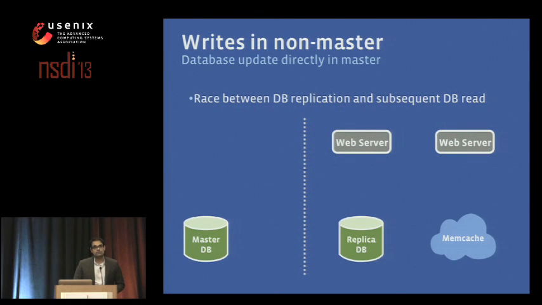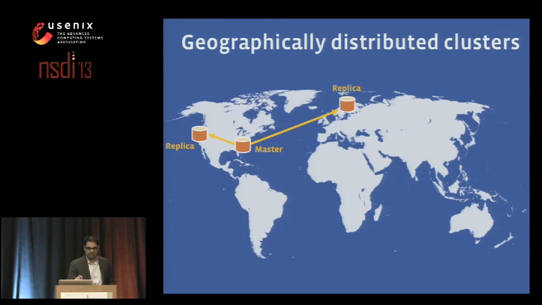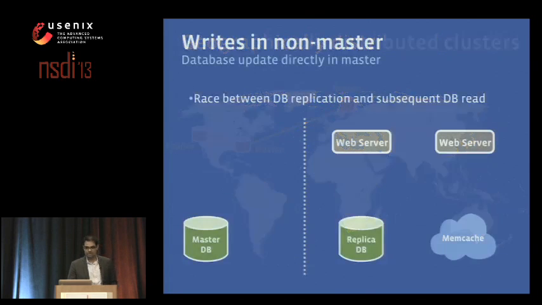One of the things that happens with geographically distributed databases, and going back to one important thing I forgot to mention in the slide, is that we have a single master. There's a single set of master databases, and the other regions have a replica of the database. So how do we handle writes to our system in non-master regions?